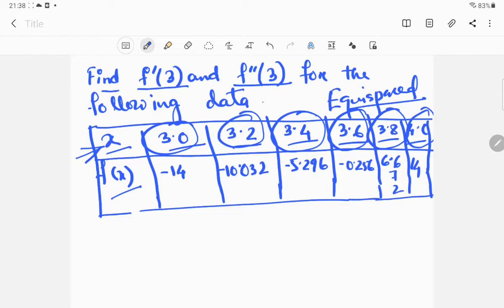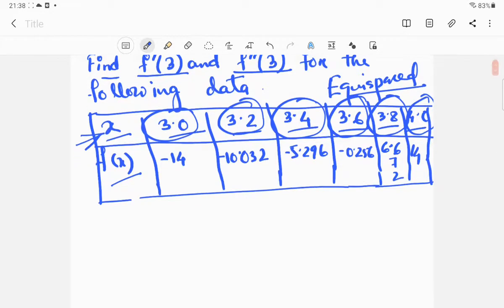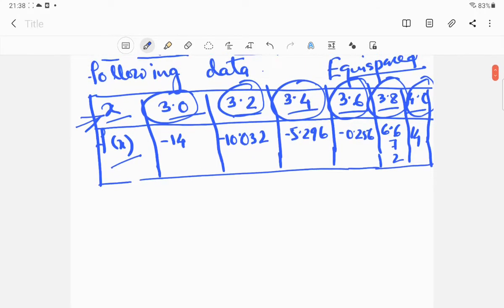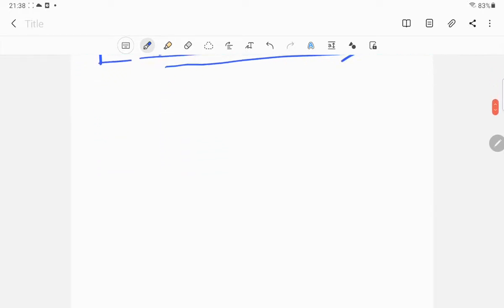Now the next thing is that we need to draw the table. As you can see, this is a horizontal table, so we will simply convert it to a vertical table. You can take your pen and paper and practice it.